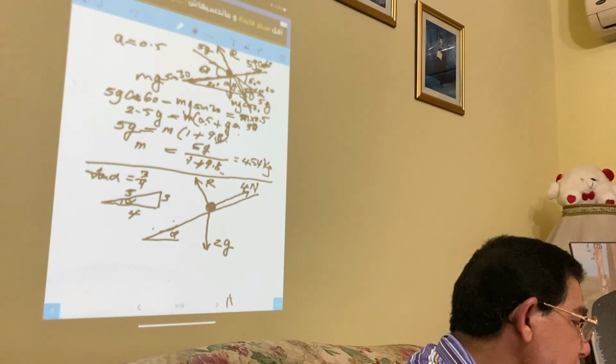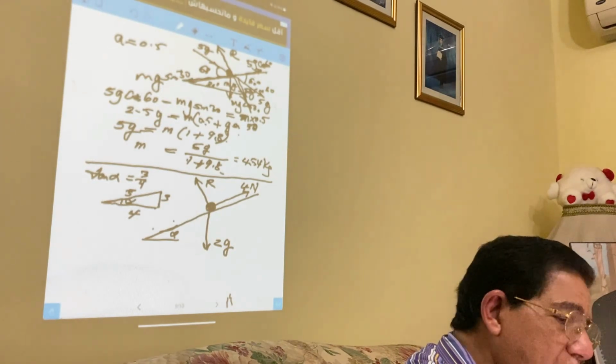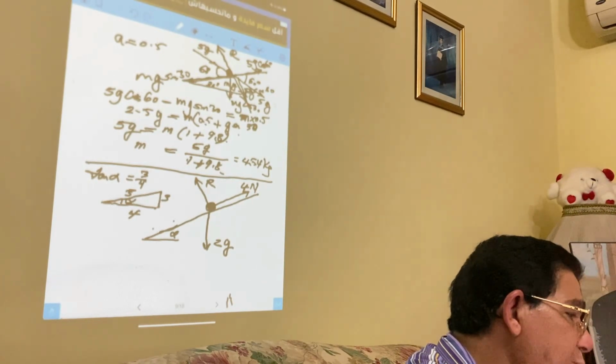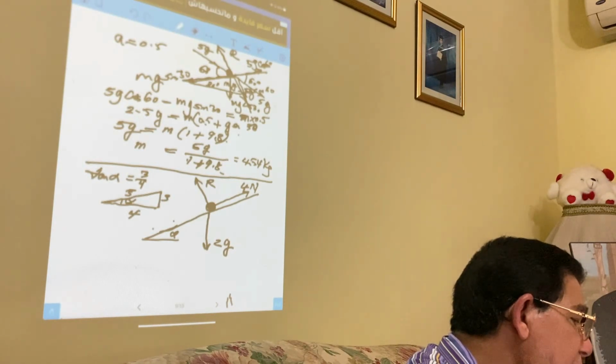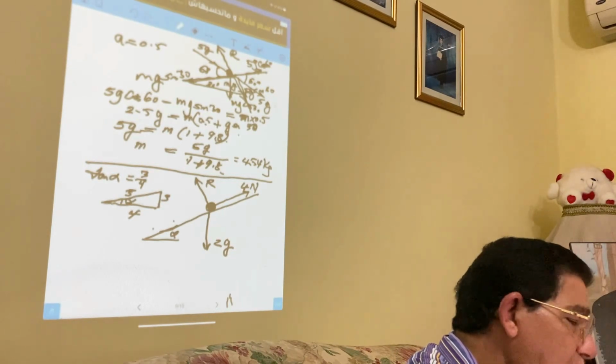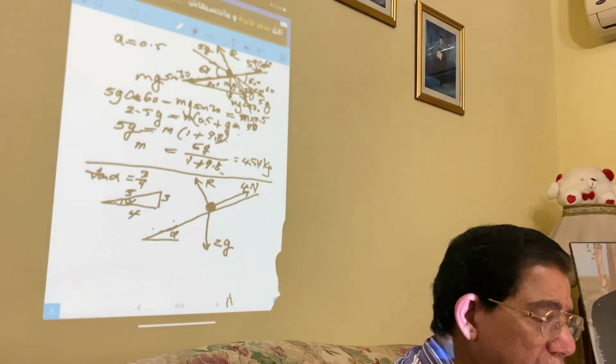The particle P of mass 2 kilograms is moving on a smooth slope and is acted upon by a force of 4 newtons parallel to the slope. Work out the acceleration of the particle.